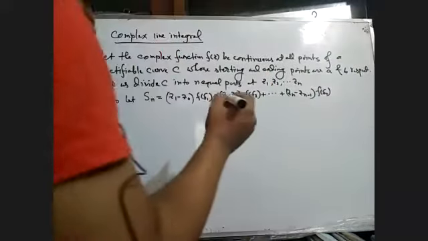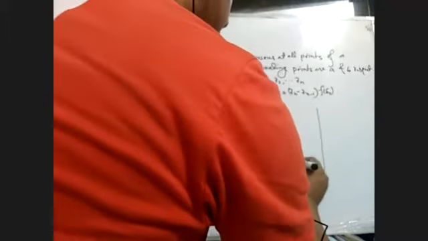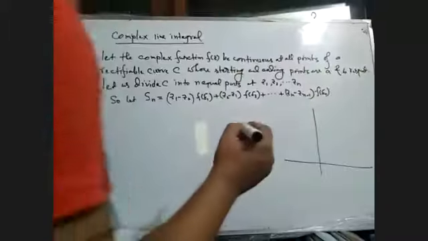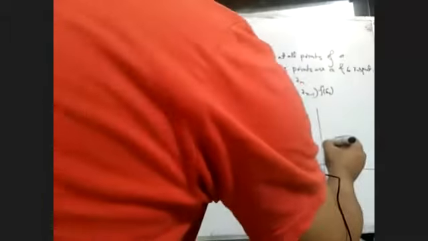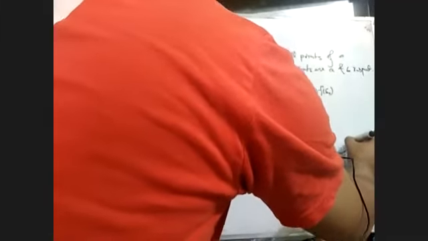For a representation of the curve, we can draw it like this. Suppose the curve starts from here and goes up and then in this way.